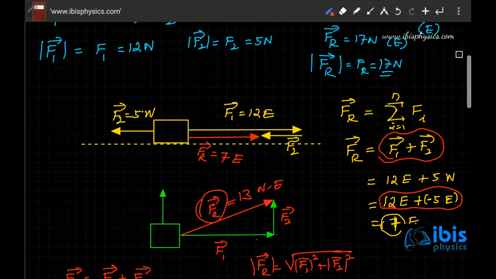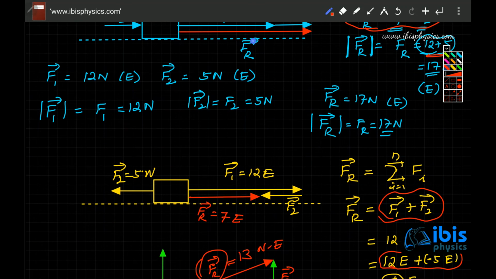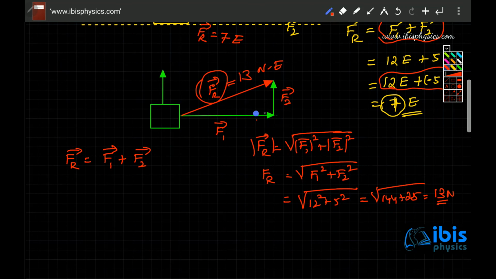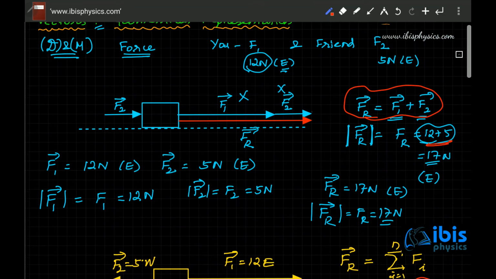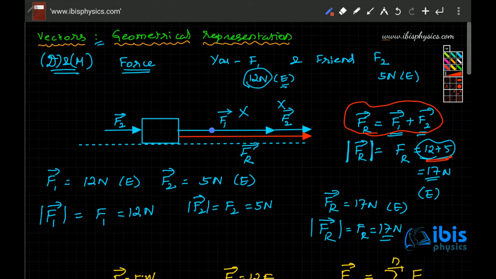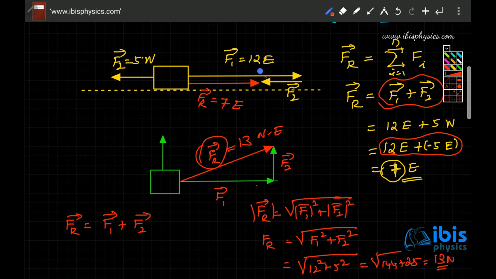So this is not only for parallel vectors, but also anti-parallel vectors and orthogonal vectors. In the class of vectors that we have seen here, both vectors are parallel to each other, so they are called parallel vectors. These two vectors are opposite to each other, and this is a set of anti-parallel vectors. These two vectors are acting at right angle to each other, so they are called orthogonal vectors.